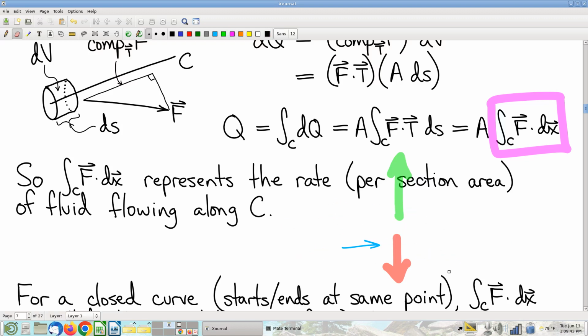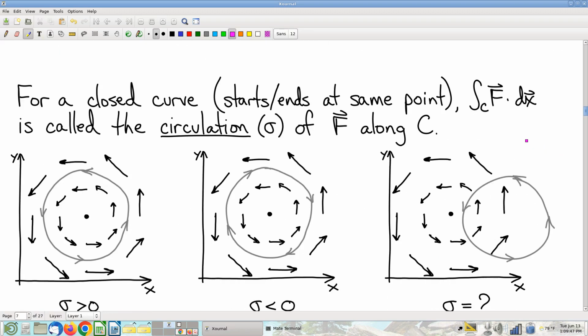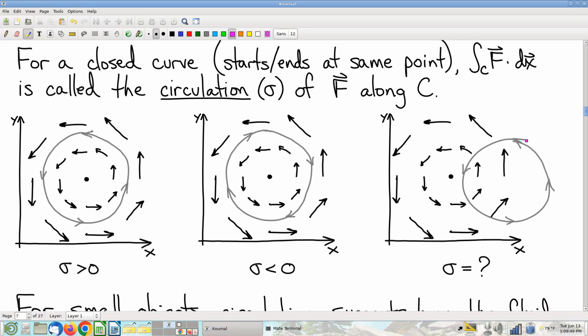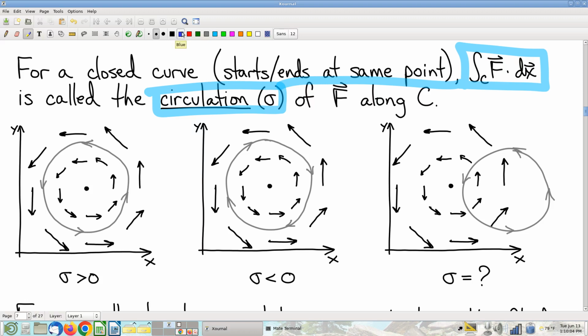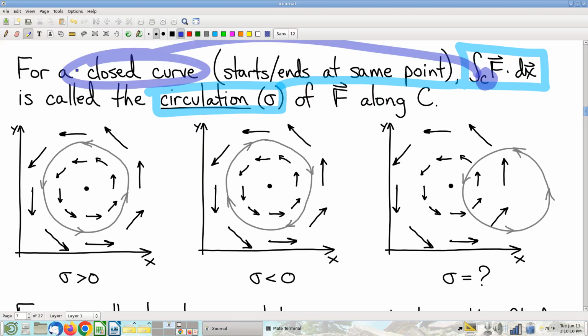Okay. All right. So, related note. There's a related idea called circulation. The short version of what circulation is: it's a vector line integral with one detail attached, and the detail that is attached is that the curve has to be a closed curve.